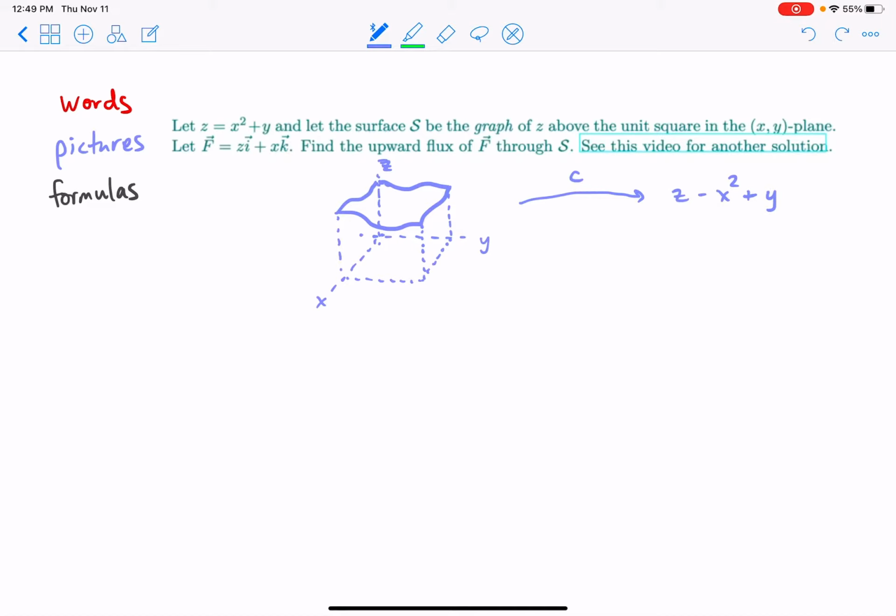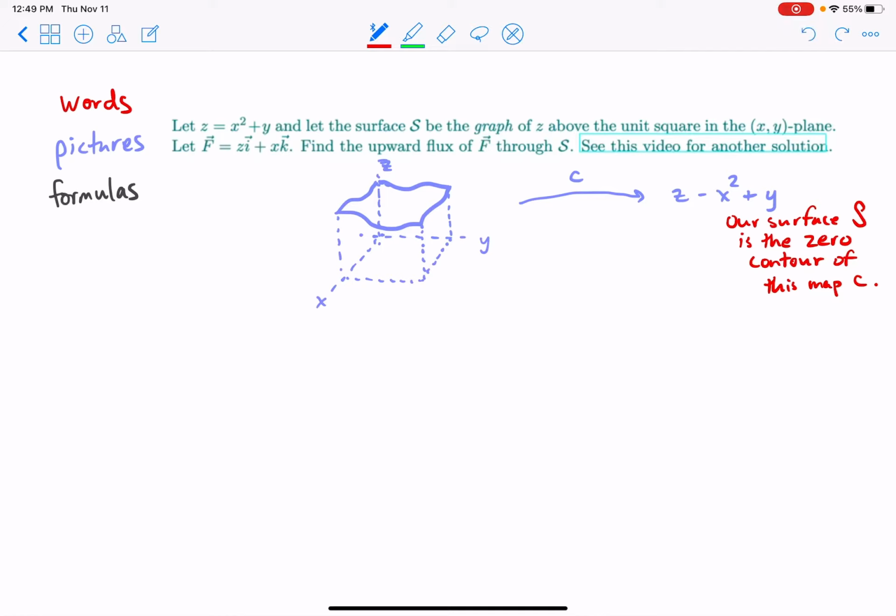And maybe I'll write in words, our surface S is the zero level set contour for this map C. Whenever this equals 0, those are points on the surface because of this equation.